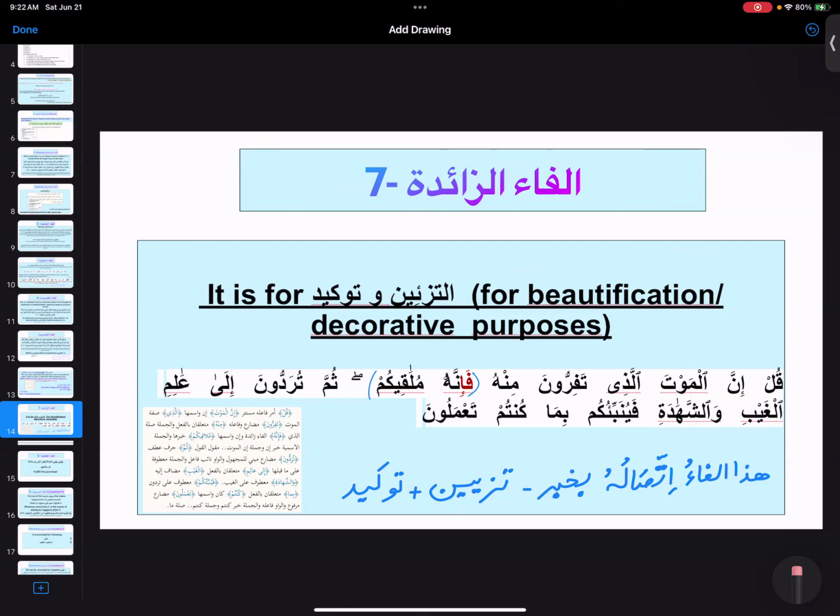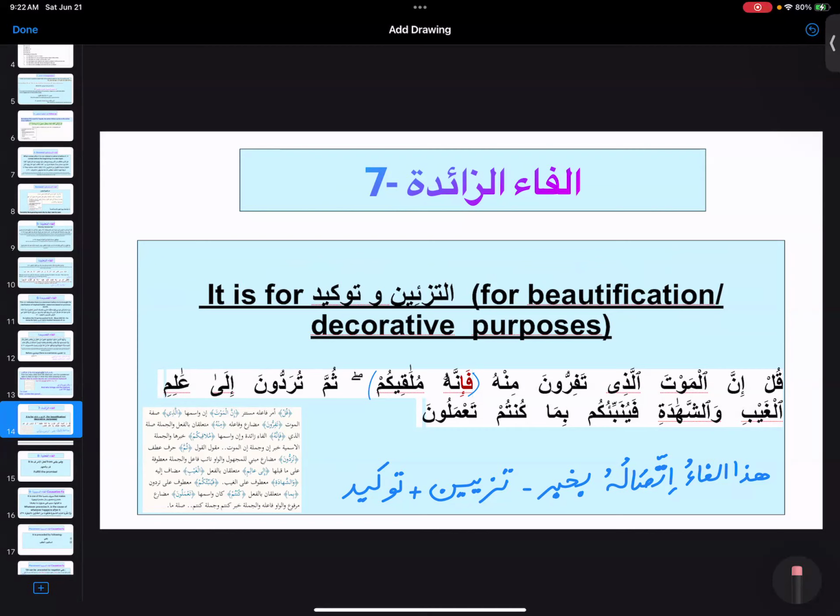Sorry? Please repeat once. So this Fa is called Fa Zaida, and nothing is Zaida in the Quran Pak. We know that, right? Whenever any letter comes extra, it is basically enhancing the beauty of the sentence, or giving some extra meaning to it.